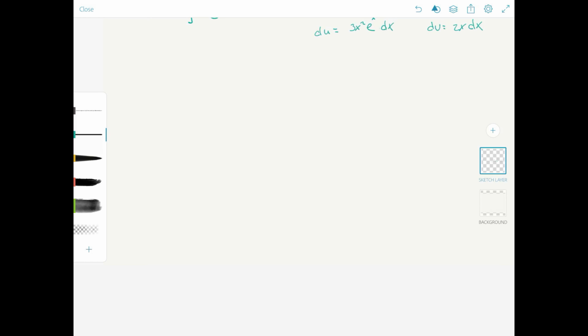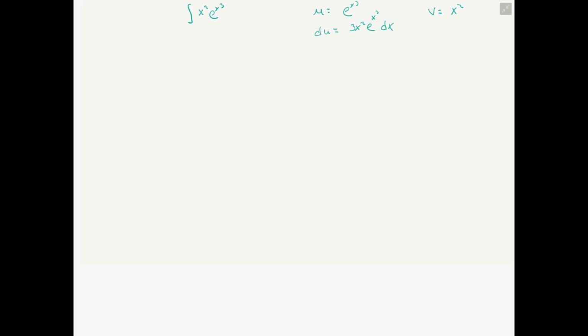But we don't need to do that. We don't need to use that at all, as a matter of fact. We've got all we need at this point, because du on e to the x cubed equals 3x squared dx.